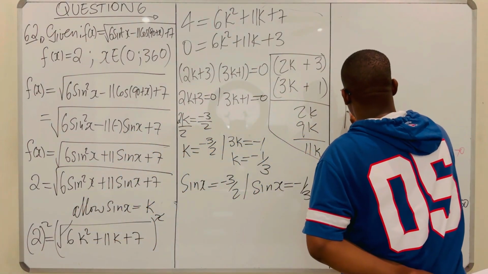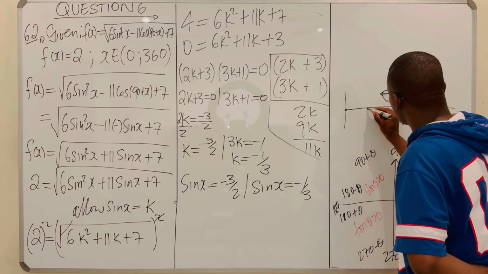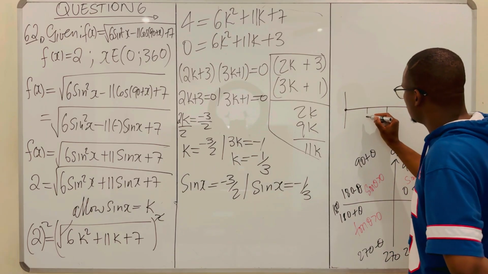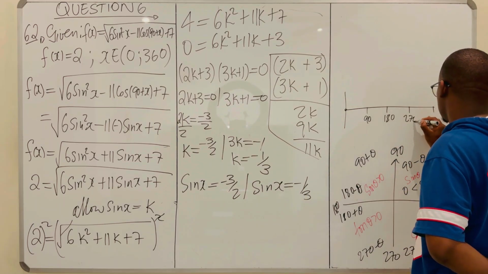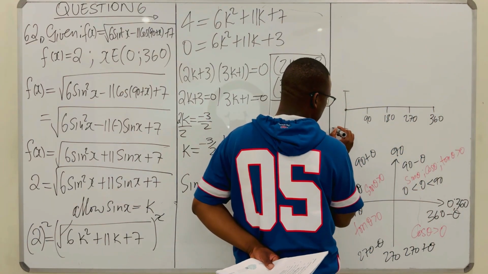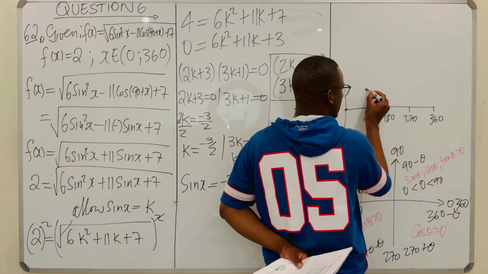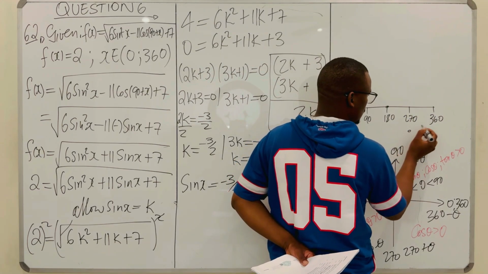If you think about sine x, this is the function here. You should know at least the basic one: 0, 90, 180, 270, and 360. This is minus 1, and this is 1. So the sine of 90 is 1, then 0, minus 1, and 360.